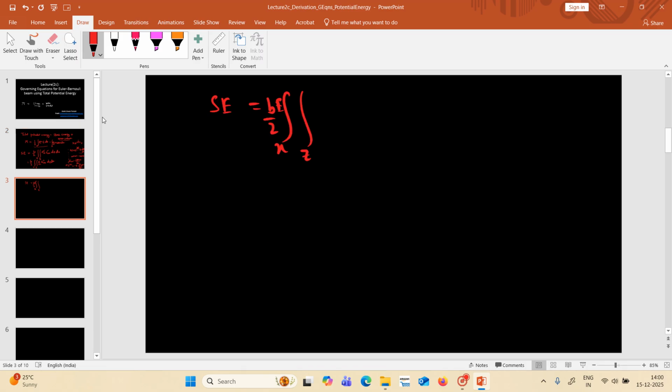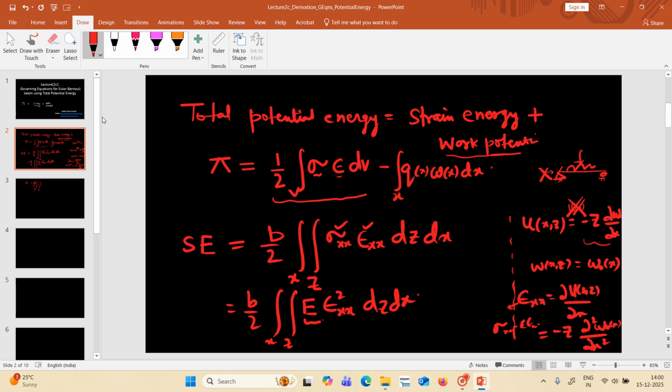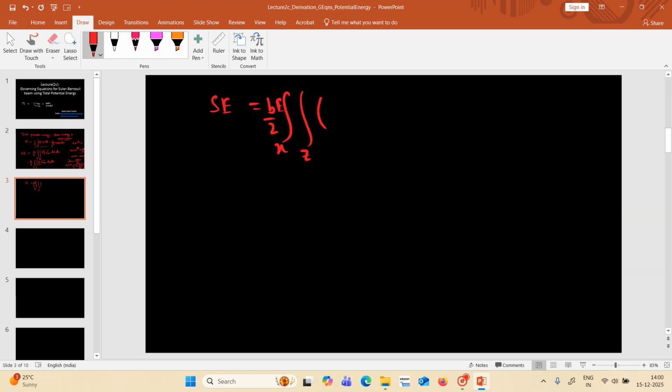What is epsilon xx here? Epsilon xx is del u by del x, which is minus z times del 2 w naught by del x square. So we can write minus z times del 2 w naught of x by del x square, whole square, dz dx.